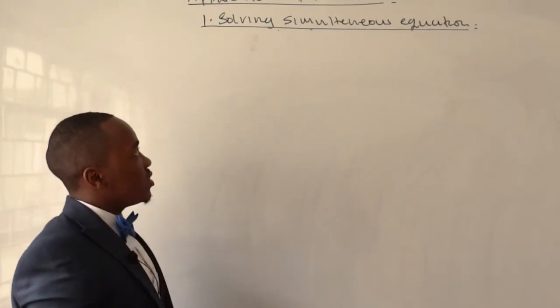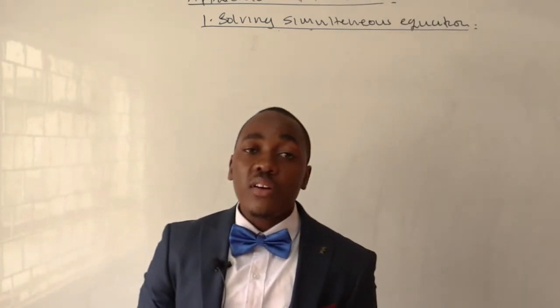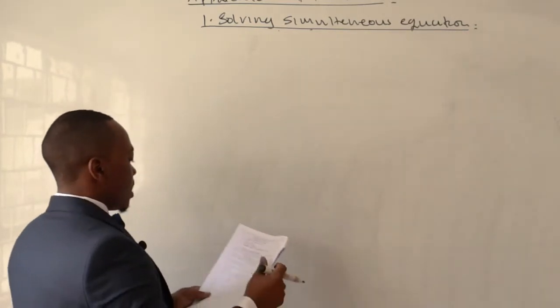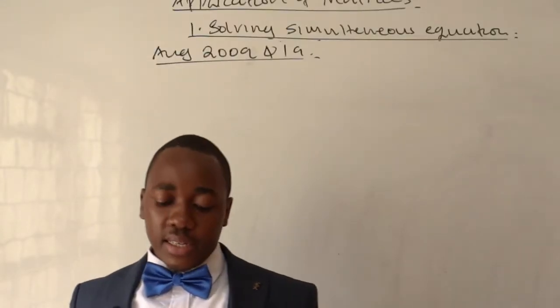So I want us to do an illustration on solving simultaneous equations. I'm hoping you have your past paper with you, and we do a question in August 2009, question 1A. I will read, so you can open that question. For those without the past paper, the good thing is that this question is already included in the handout.